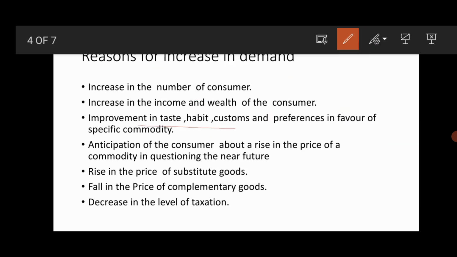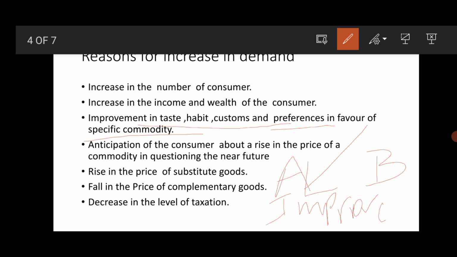Improvement in taste, habits, customs and preferences in favor of a specific commodity. Take an example that there are two commodities A and B. Now in commodity A, they have made some improvements, and because of that there will be more consumers purchasing this product, because there is improvement in taste and people are habituated to such products, and even prefer such products.